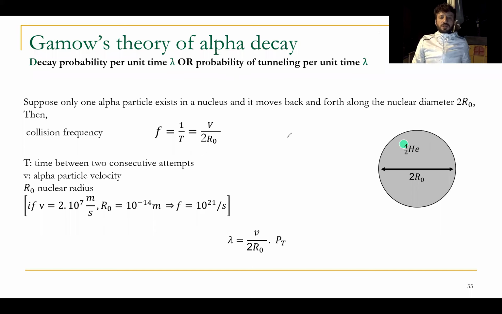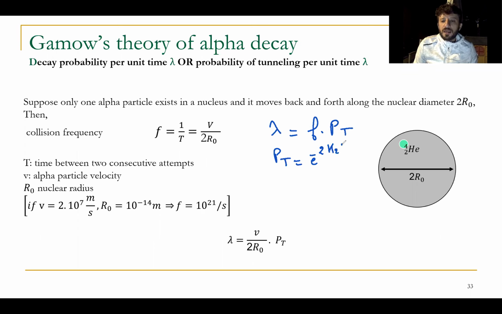So now we said lambda equals f times Pt, and Pt is equal to exponential minus 2 k2 L. Let's say we have an alpha particle inside the nucleus, and for each collision we have a certain probability Pt.